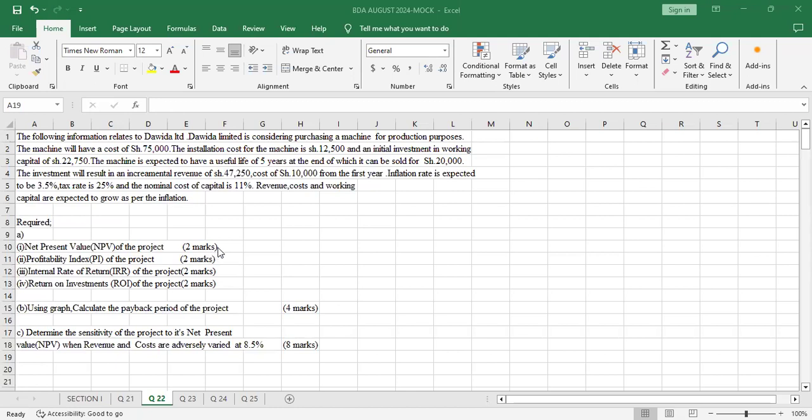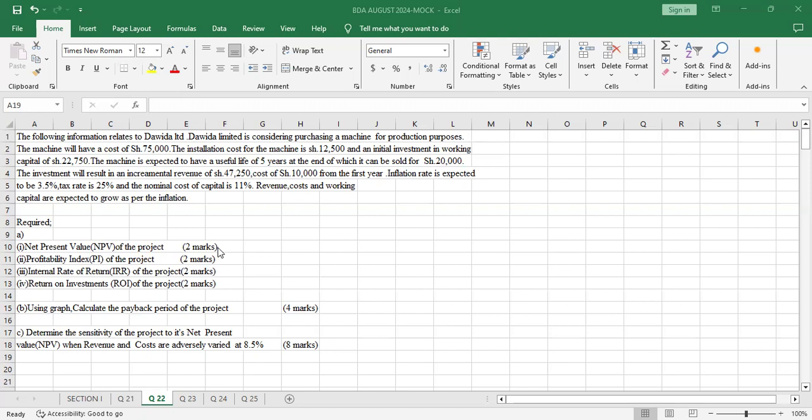The machine is expected to have a useful life of 5 years, at the end of which it can be sold for shillings 20,000. The investment will result in an incremental revenue of shillings 47,250, cost of shillings 10,000 from the first year.